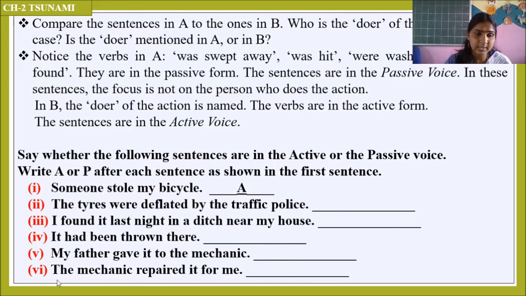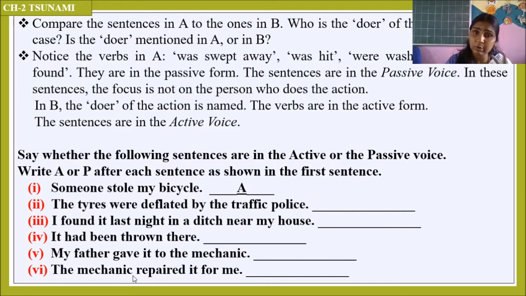The last one, "The mechanic repaired it for me." So, what is the verb here? Repaired. Okay. Is there any was, were, have, had, something else here? No helping word, right?